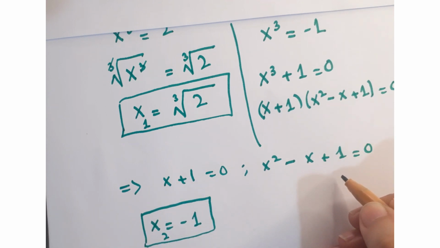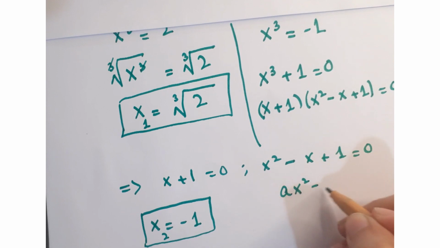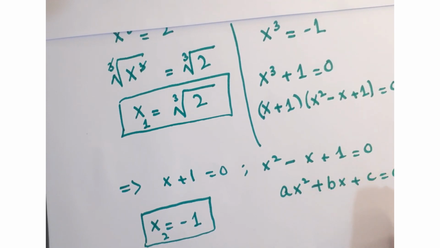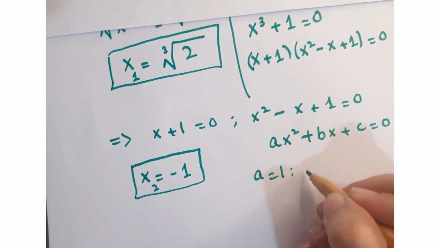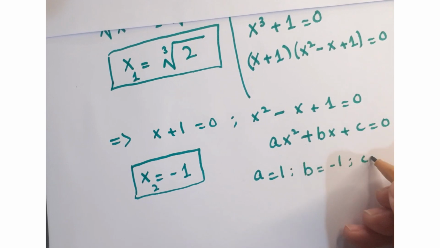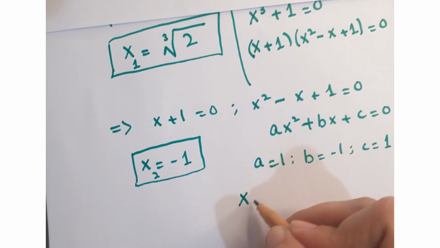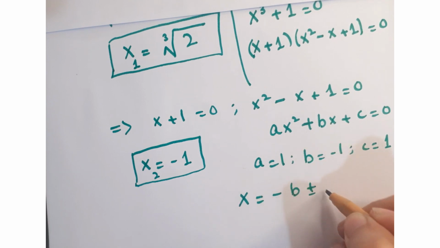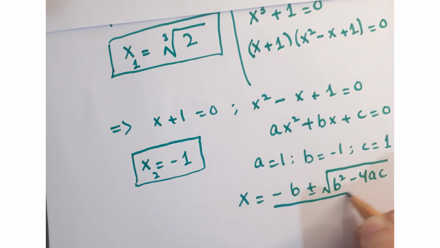Now this is a quadratic equation. We have to compare this equation with the standard quadratic equation, that is ax square plus bx plus c is equal to 0. So we have a is 1, b is minus 1 and c is 1. Now putting the values in the quadratic formula, that is x is equal to minus b plus minus under root b square minus 4ac upon 2a.